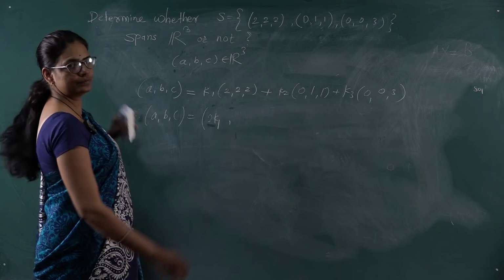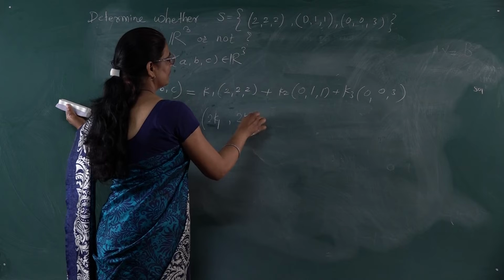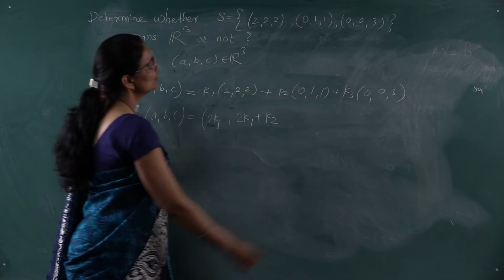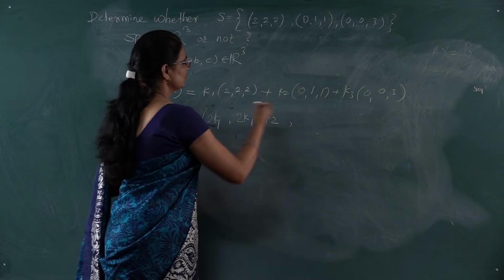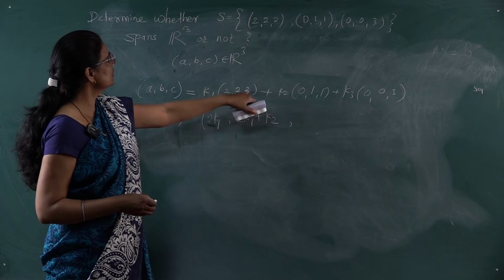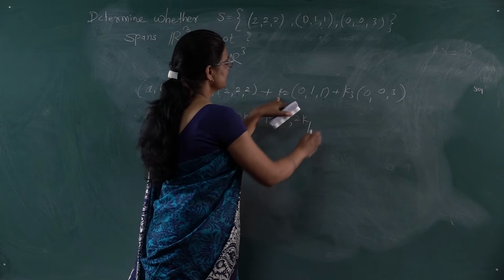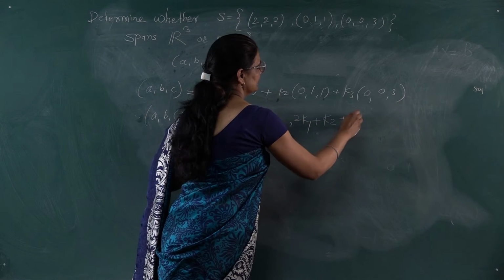Write the second term of the addition, 2 times K1 plus 1 times K2 plus 0 times K3, so no need to write that term also. Write the last component, 2 times K1 plus 1 times K2 plus 3 times K3.